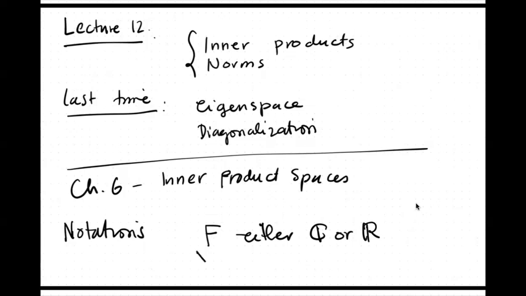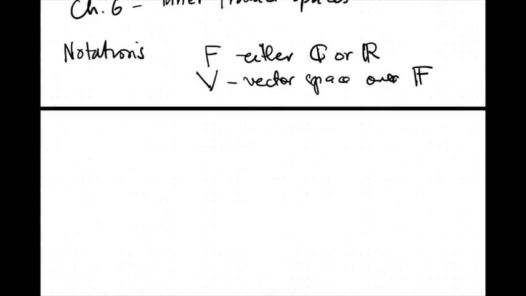And then we have the letter V for a vector space over our field F. Let us start with inner products.